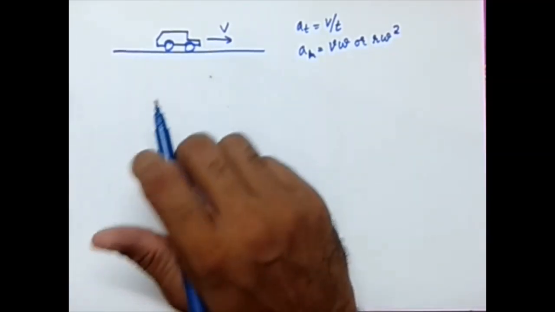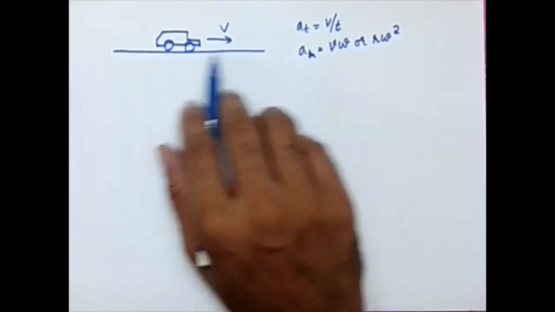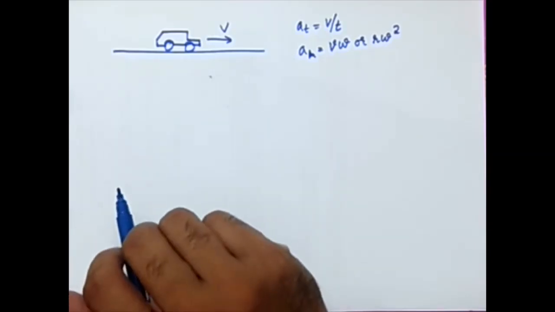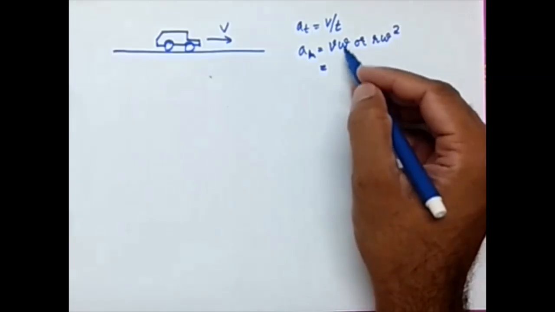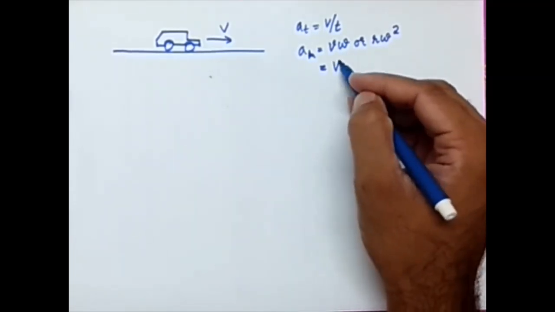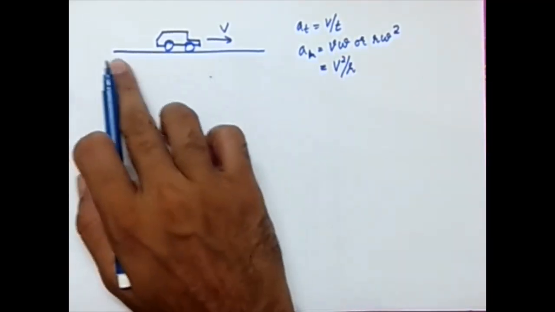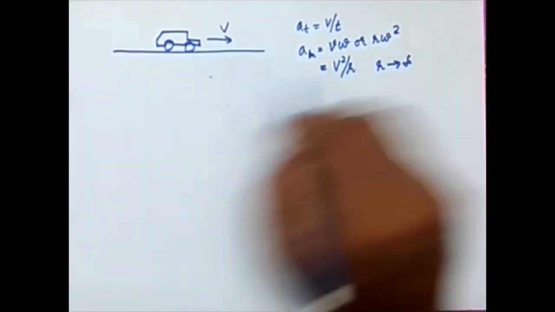What about the r in this particular case? R is the radius. When it is a straight line, what is the radius? The radius is infinity. So if I substitute in an, omega is v by r, so I'll get v square by r. When it is a straight line, the value of r tends to infinity.